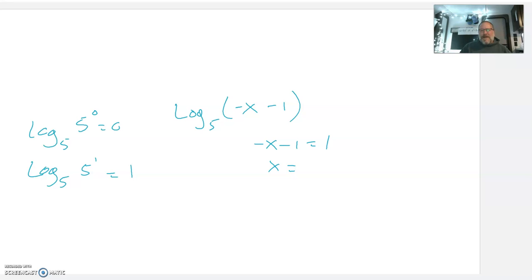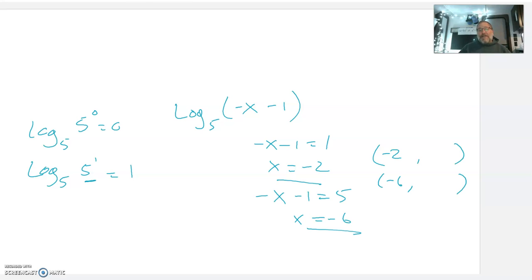What's x equal to? Add, multiplied by a negative. And I need the x minus 1 equal to the inside there, 5 to the 1, 5. So I'm going to add 6 and multiply by a negative, -6. So 2 nice coordinates that'll kick out nice, easy numbers for this are going to be -2 and -6.